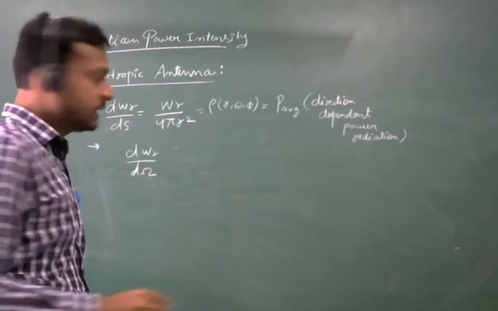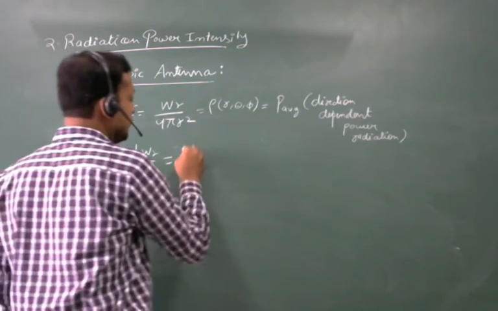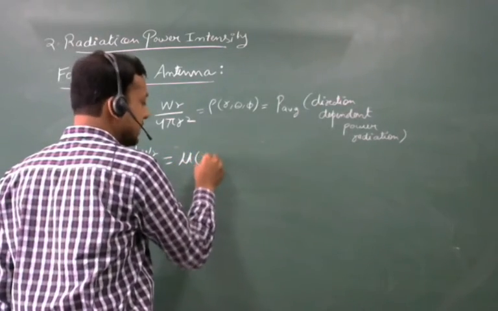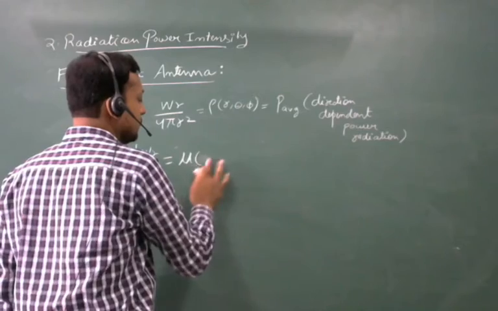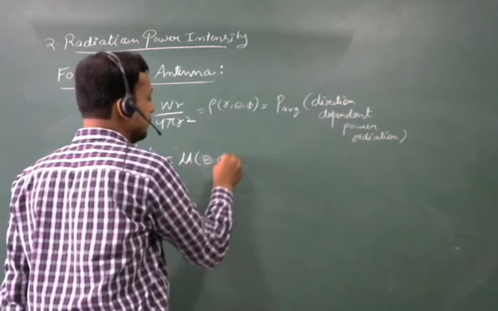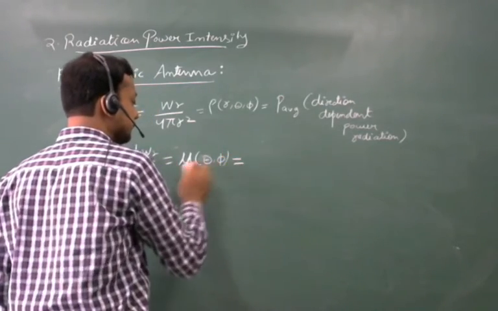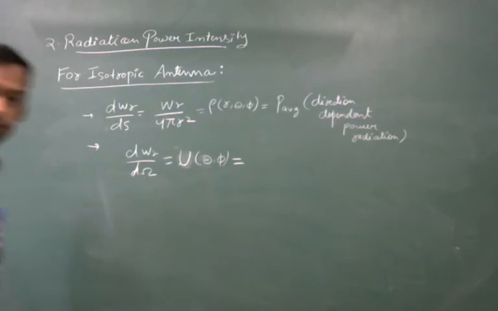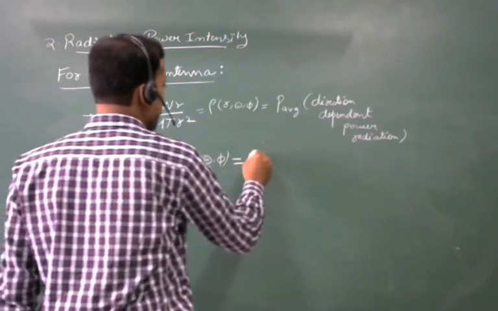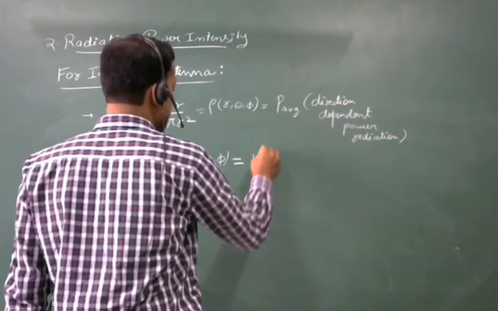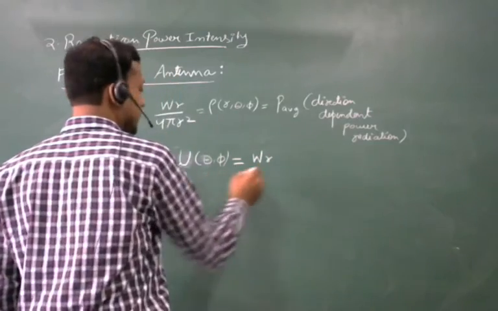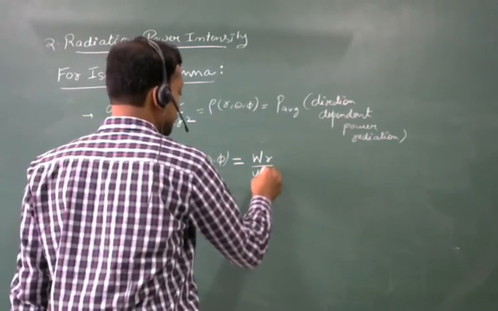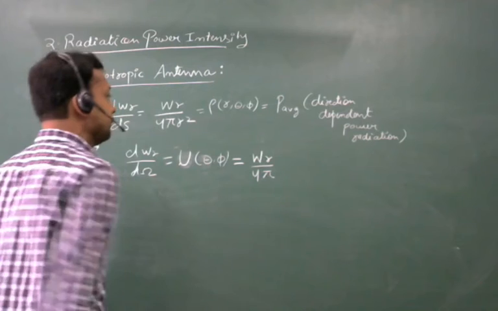This does not have any magnitude but only direction, so it is simply divided by 4 pi.